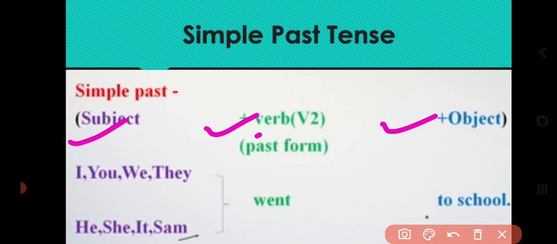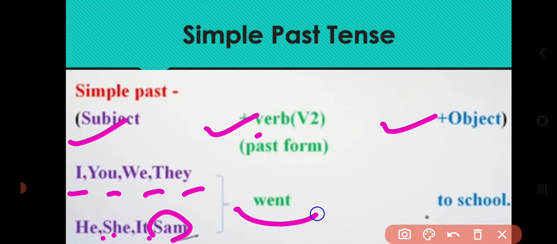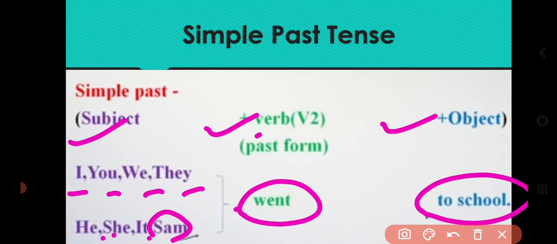Here I have used I, you, we, they, he, she, it and Sam, and here went and to school. I will make my sentence with Sam.